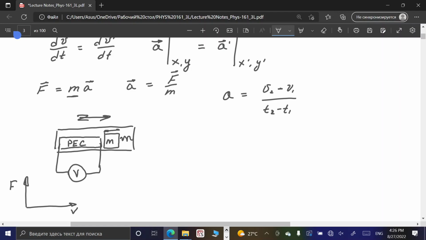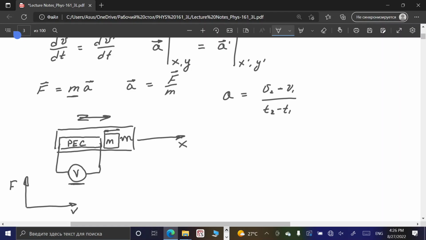Since mass is known, and we also measure the force with which this mass pushes on the piezoelectric crystal, because we measure the voltage generated by the crystal, we know force, we know mass, and we can write a script to calculate acceleration in real time and report acceleration along this axis, let's say axis x.